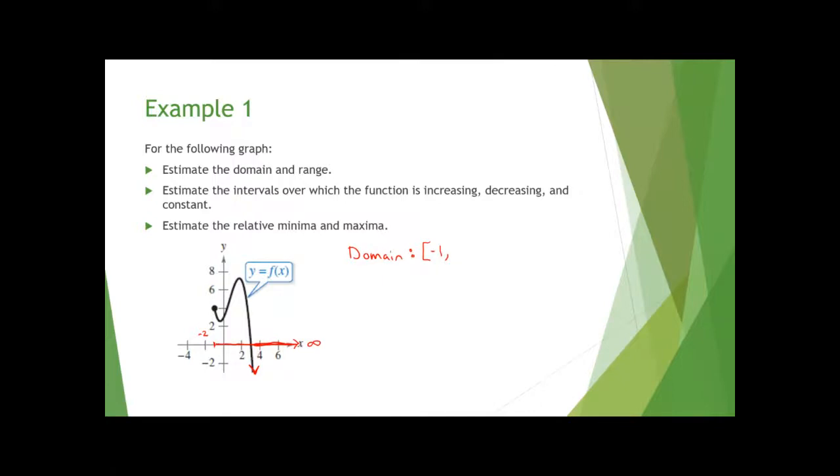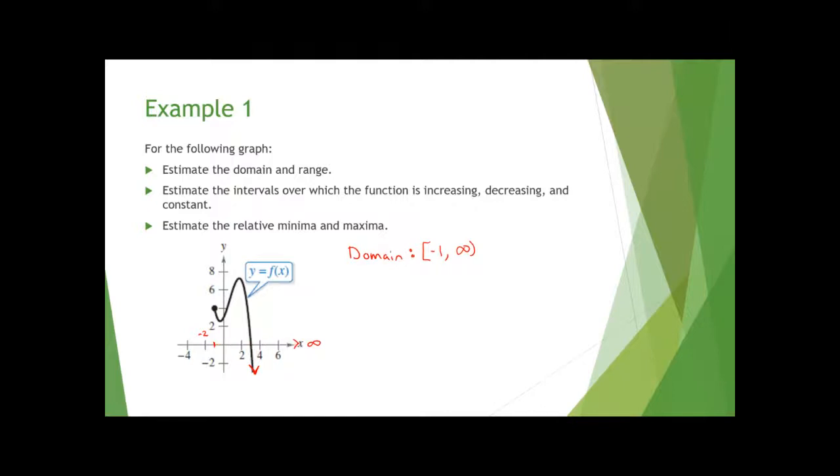So my domain would be from -1 to infinity. And with infinity, we always use a parenthesis because we can't actually reach infinity. You can't touch it. That's why we're curving around it. That's how I remember which symbols to use. So that's the domain.